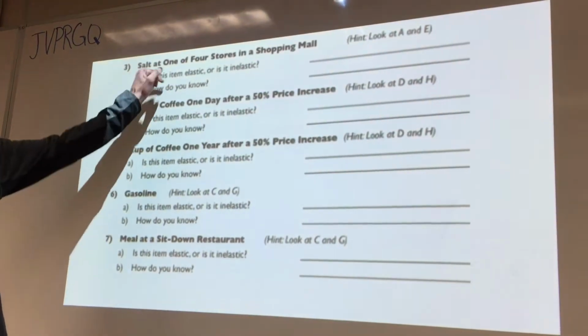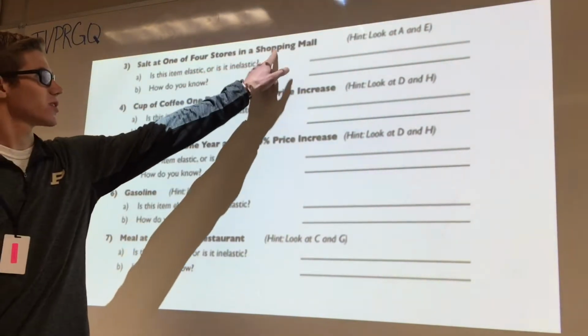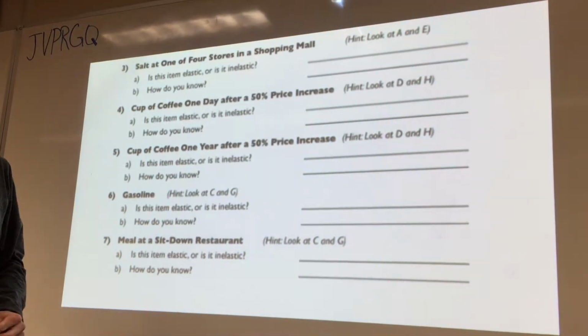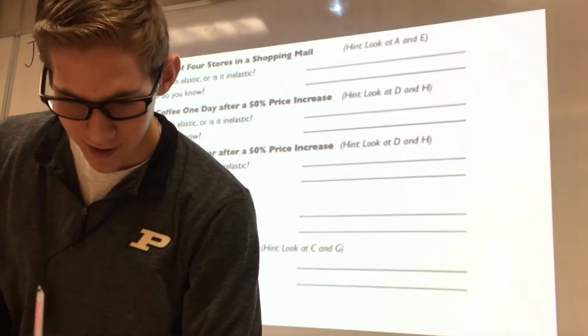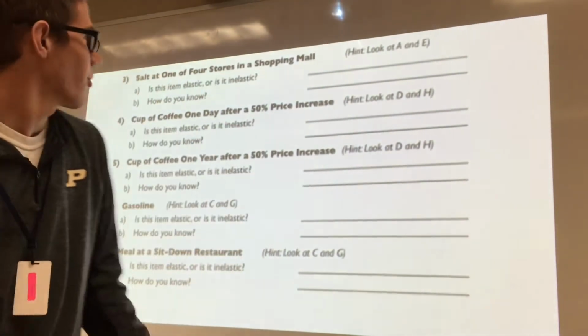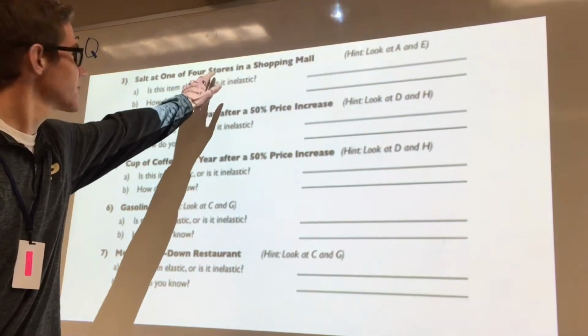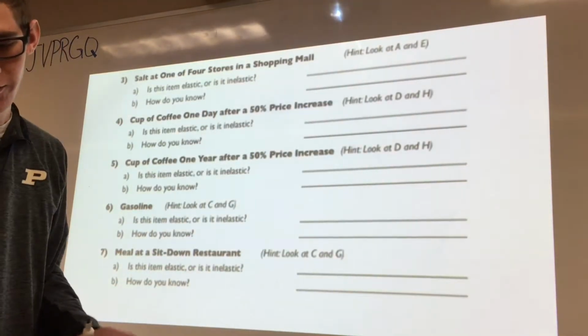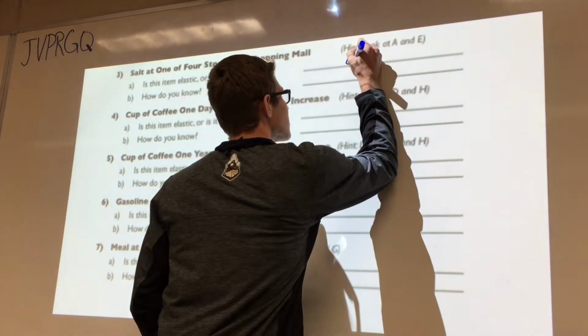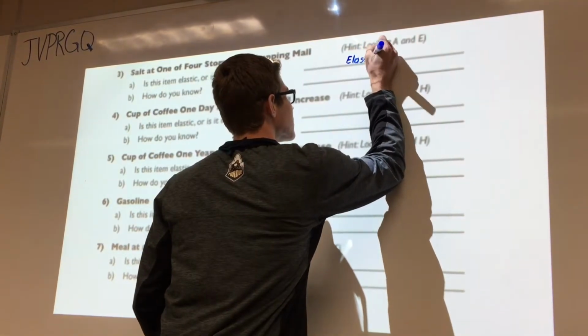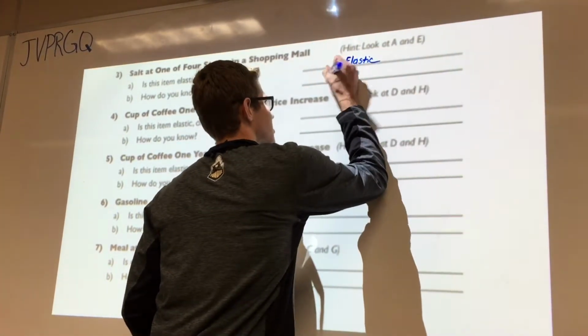The next one is salt at one of 4 stores in a shopping mall. So if it's at one of 4 stores, that means it's readily available, so it is elastic. And there are many substitutes.